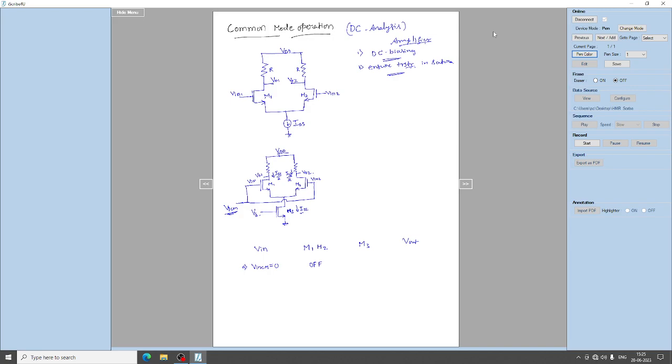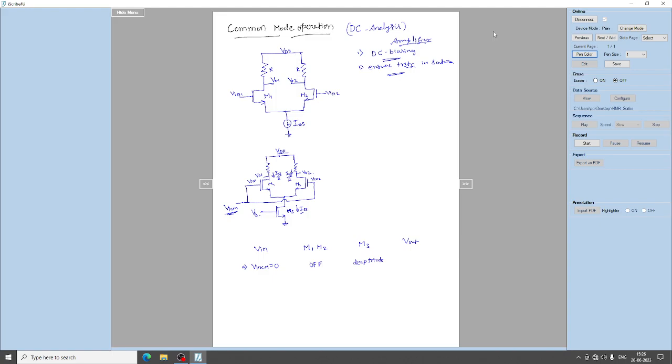This biasing is given to the gate terminal, but the drain terminal will be at 0. So the drain terminal of M3 is at 0 and the gate is at a higher potential. With the relationship between VDS and VGS, this transistor M3 will be in the deep triode region, right?